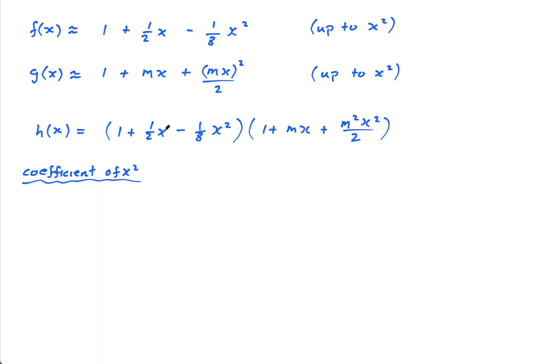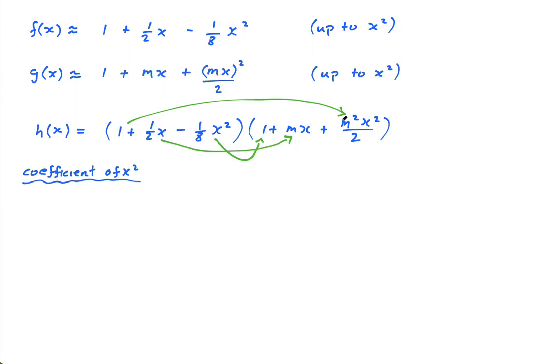I'm not going to multiply everything out. I'm just going to see which terms I want. So the x squared term would be the 1 times this term. It would also be the half x times this term, because when you do your x times x, you get your x squared. And it would be this one times this term. So we're going to end up with 3 terms.